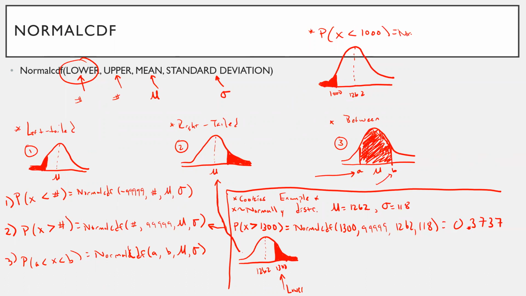So you're going to go normal CDF. You have to put the lower value in. Do you notice how this is a tail area all the way off to the left? So you have to pick something way away from 1,000 because you have to go all the way to the left. That's why I say pick negative 9999999.